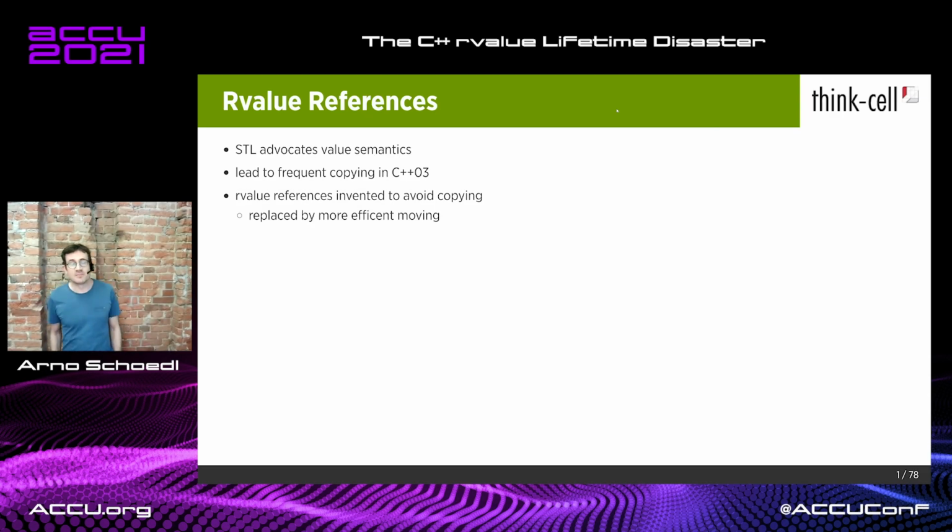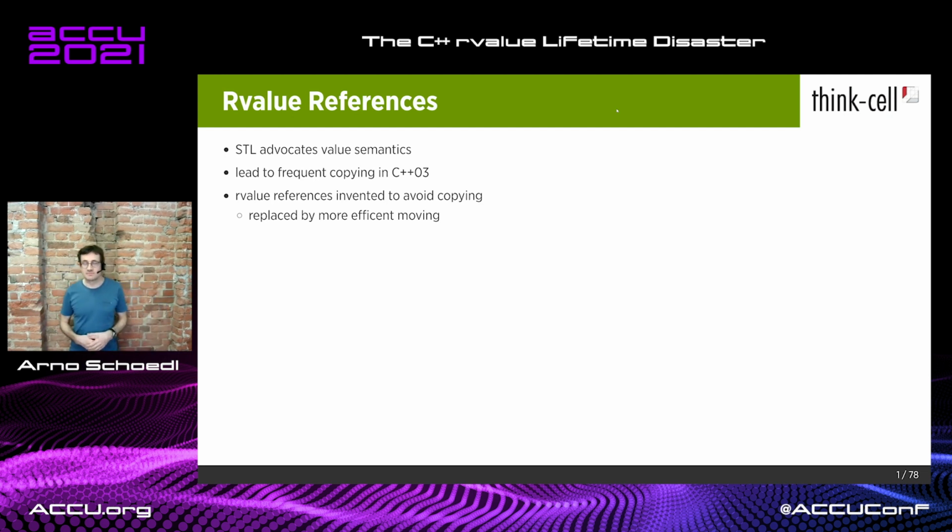R-value references came about prior to C++11. We had the standard library, and the standard library was always very fond of value semantics and regular types. The problem is that if you are copying these values, or building containers from these values, in the times before C++11 and before R-values, this led to frequent copying.